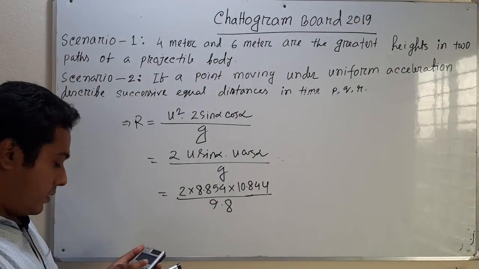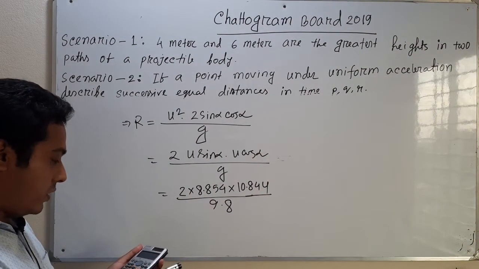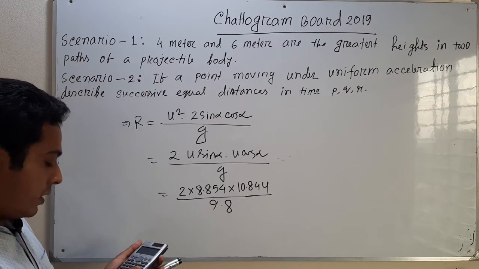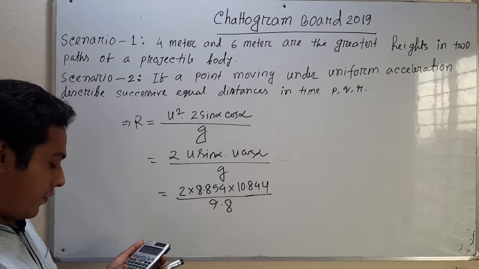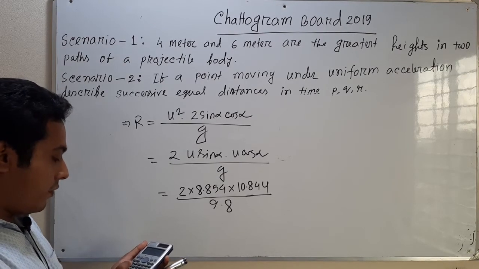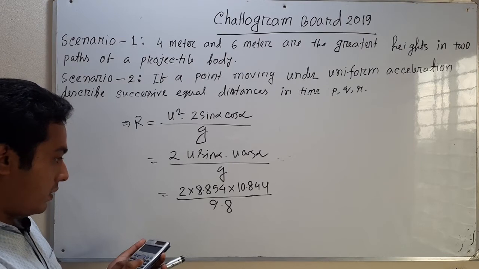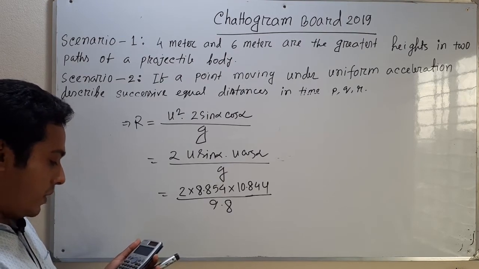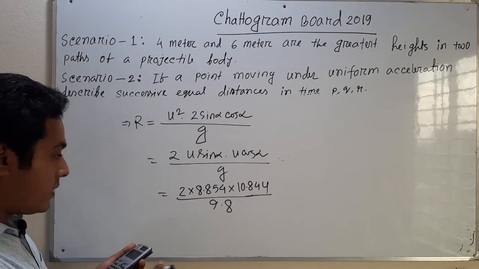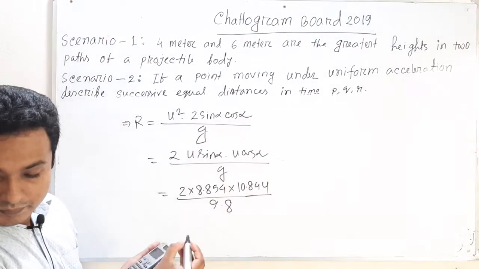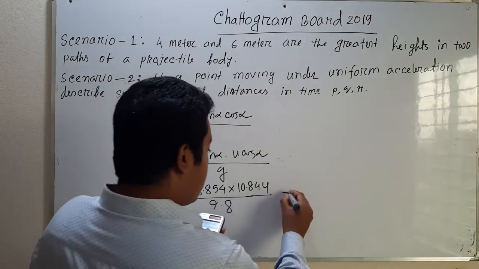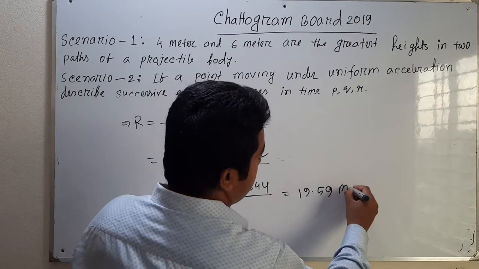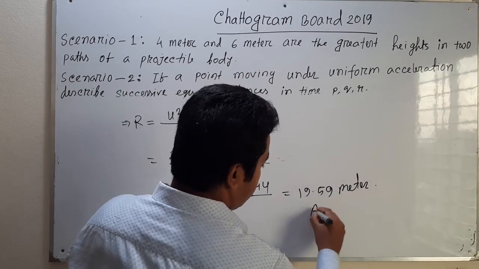Calculate this by your calculator: 2 into 8.854 into 10.844 divided by 9.8, and it will be 19.59 meter. Okay, this is the answer.